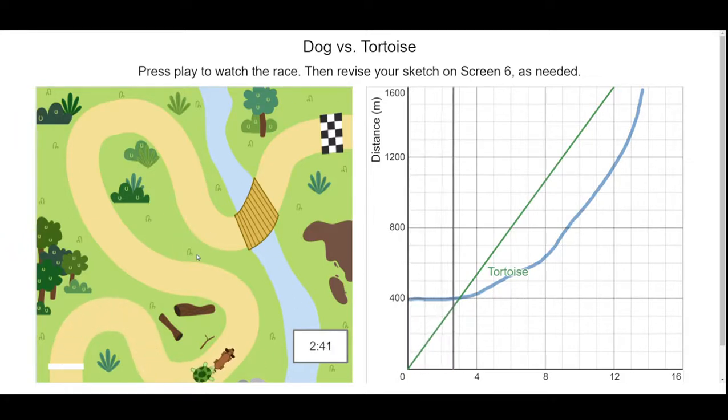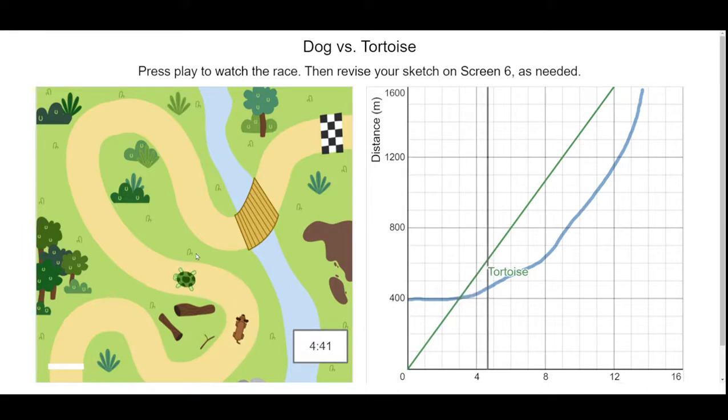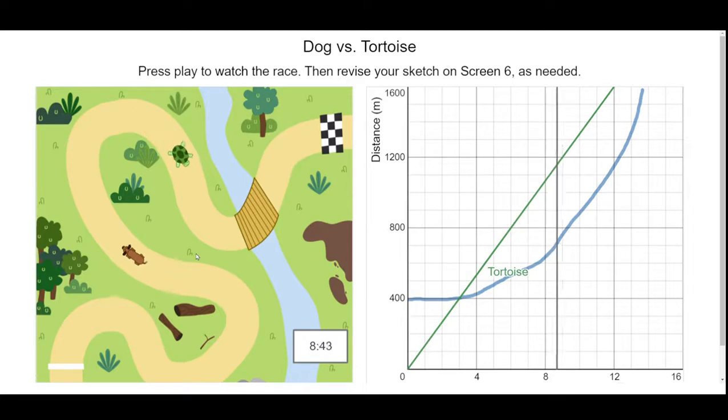Oh, so the dog's kind of moving slow, moving slower, moving slower. Oh, now he's speeding up, getting faster and faster and faster. Oh, and he got really fast at the end. So a little bit of it was partly the shakiness of my drawing, but hopefully you saw that once it was kind of straight, the dog was moving fairly slow, and then he started to pick up speed and get faster and faster.